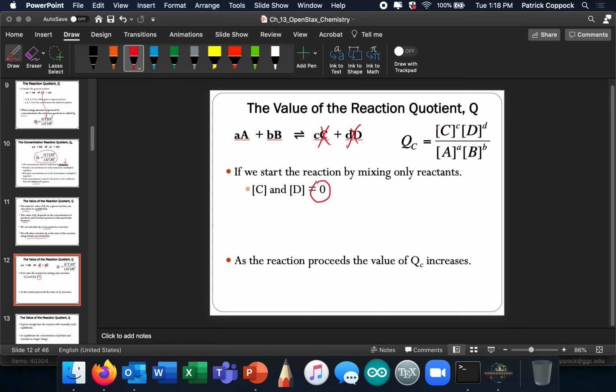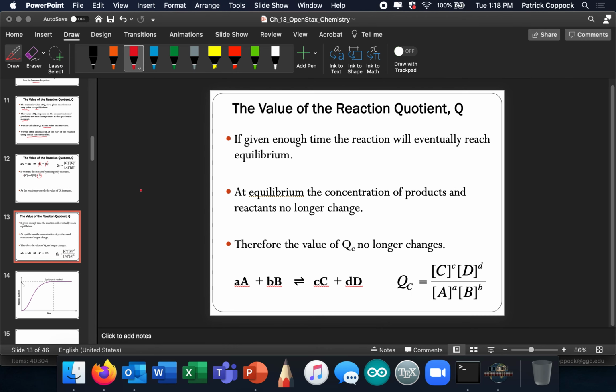And the products are in the numerator. All right, so given enough time, any reaction is going to eventually reach equilibrium. And at equilibrium, the relative amounts of products and reactants no longer change, and therefore the value of Qc no longer changes at equilibrium, right?